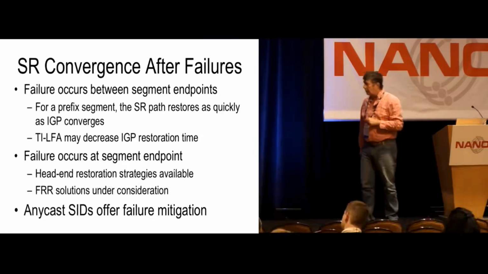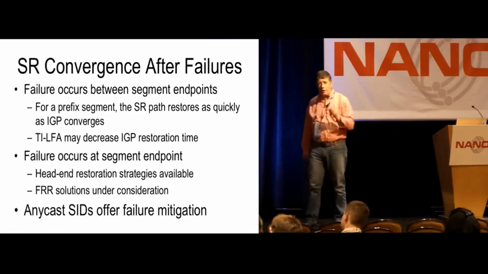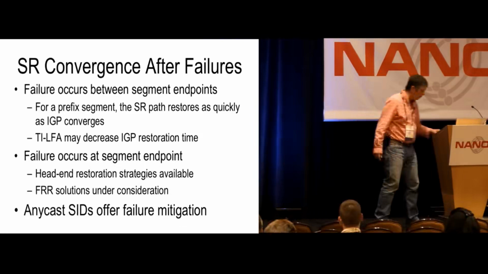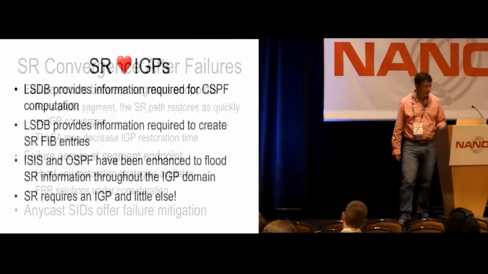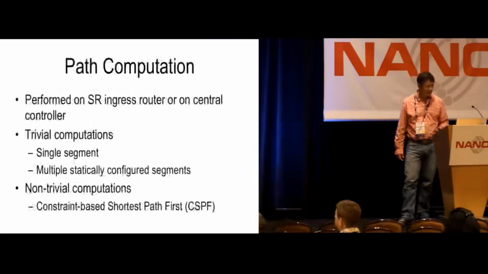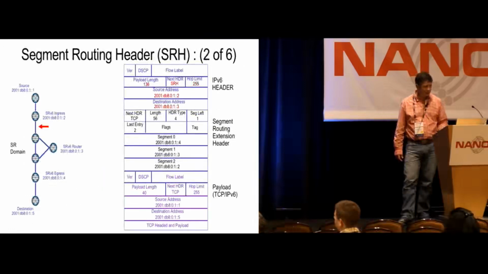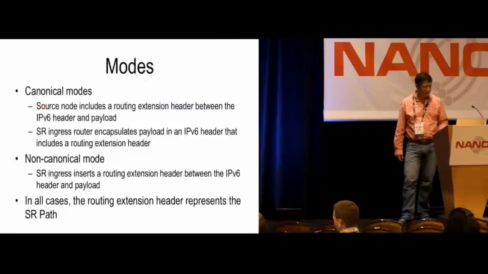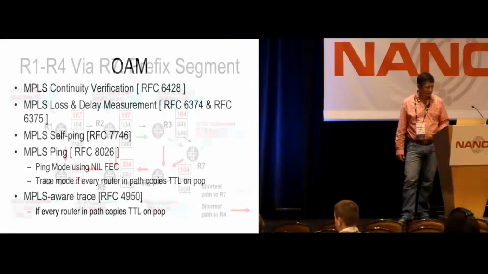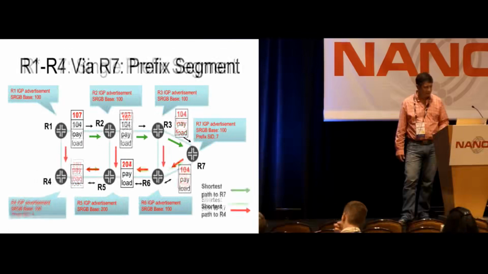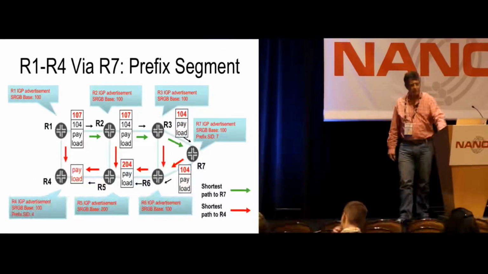Another situation that you have to worry about is what happens if the failure happens at a segment endpoint. Let's go back and find an example of this. Let's take a look at this example.